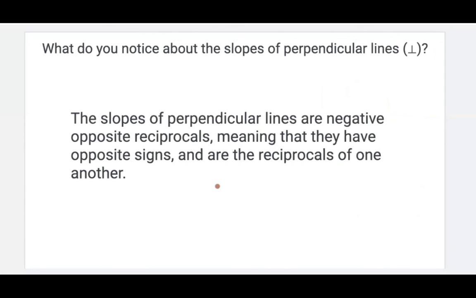For example, the negative opposite reciprocal of +2 would be -1/2. Likewise, for a slope of -3/4, the negative opposite reciprocal would have the opposite sign, so positive, and be the reciprocal, which would be 4/3.